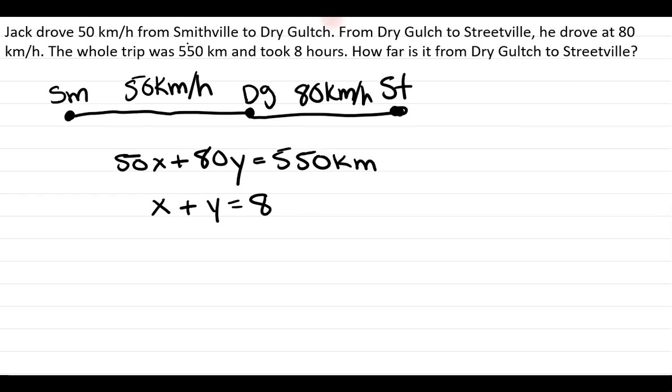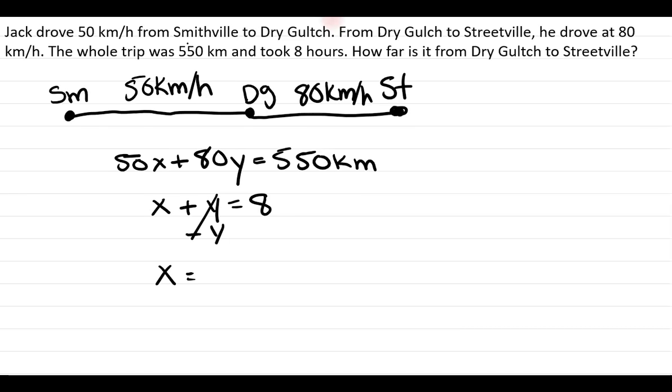Now let's rearrange the second equation to get the value of X. So we need to move Y onto the other side of the equation. We have negative Y, and these cancel out because positive and negative cross out, and we have X left.